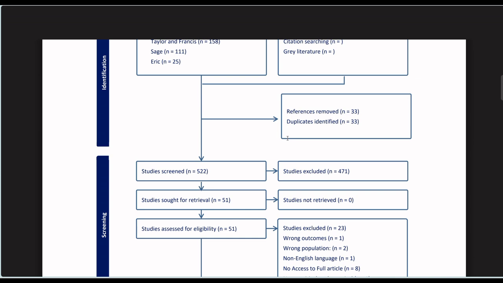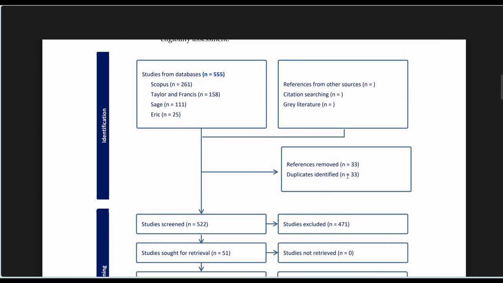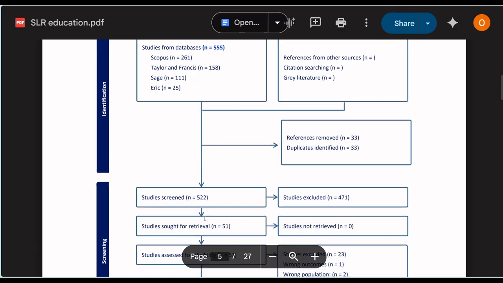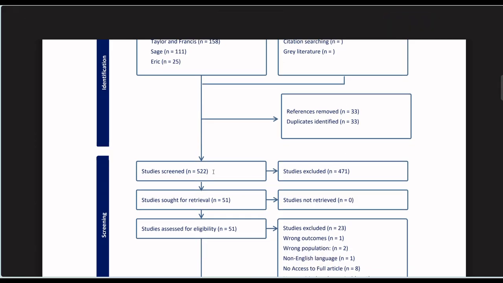So you screen the title, you screen the abstract. Once you are able to do that, it will come down to a particular number. Now you still go further. You remember that out of 555 articles, 33 were duplicates and they were removed. Now we have 522 articles remaining.